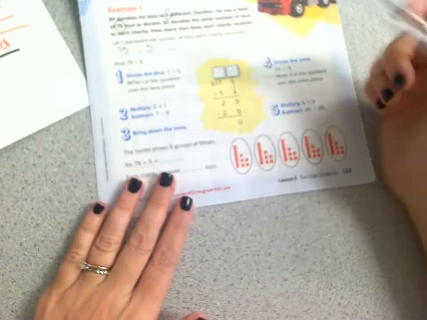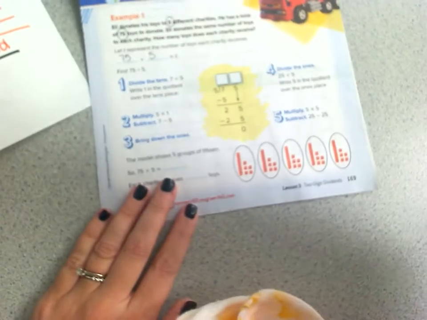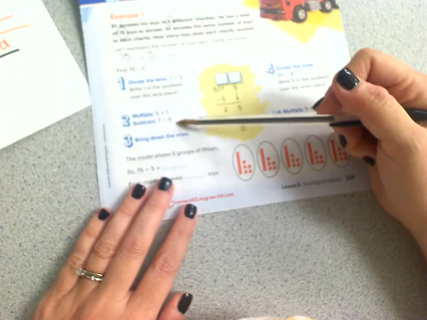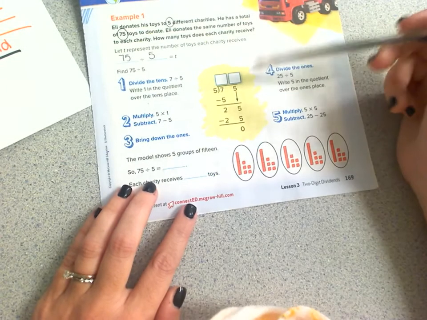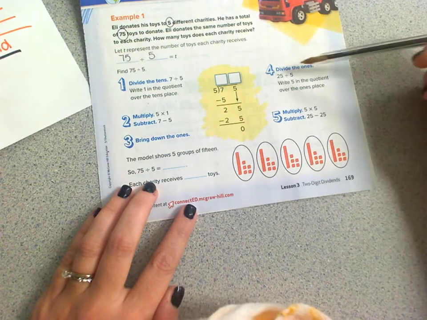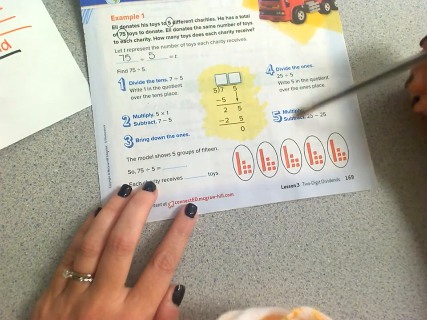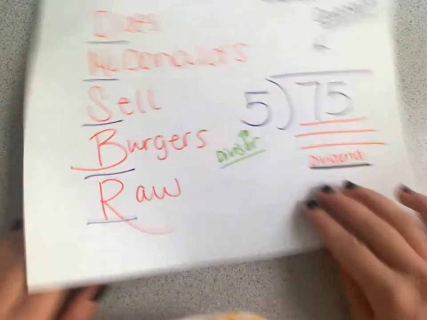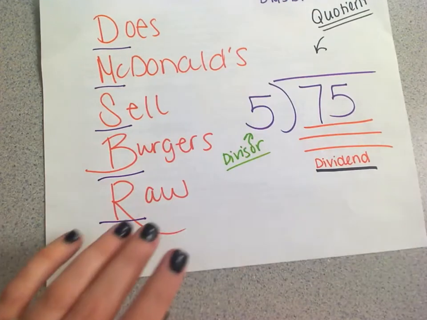Okay, so it's taking us step by step here. First, we're going to divide the tens, then we're going to multiply, then subtract, then bring down, DMSB, and then we are going to repeat the process by dividing the ones, multiplying, and subtracting. So this is what that looks like.